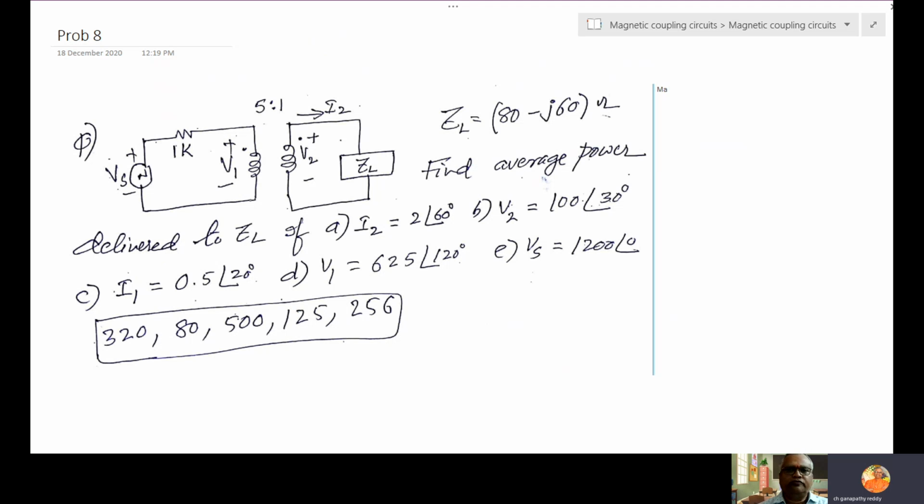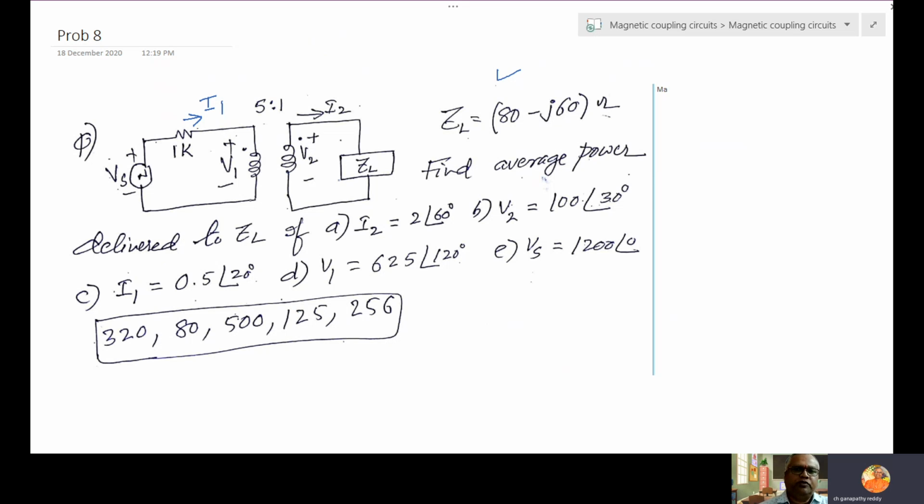There is another problem, if ZL is 80 minus j60. Again a transformer, 5:1, with currents I1, I2 and voltages V1, V2. ZL is given as 80 minus j60.